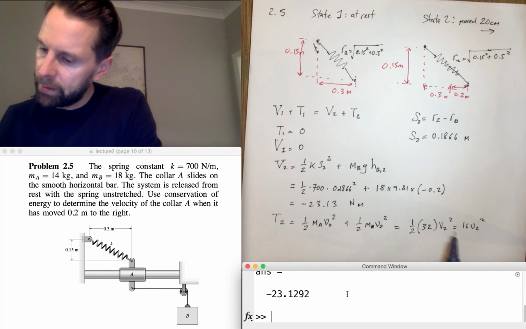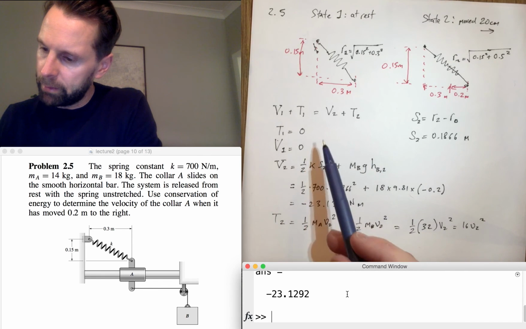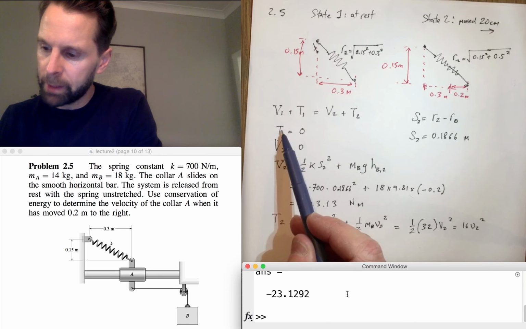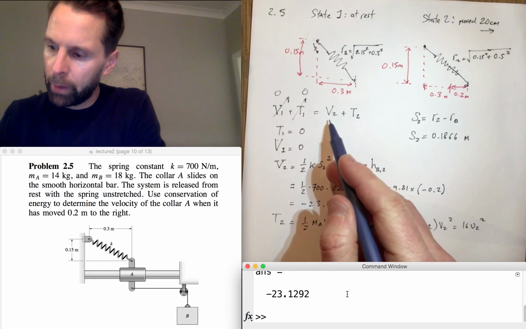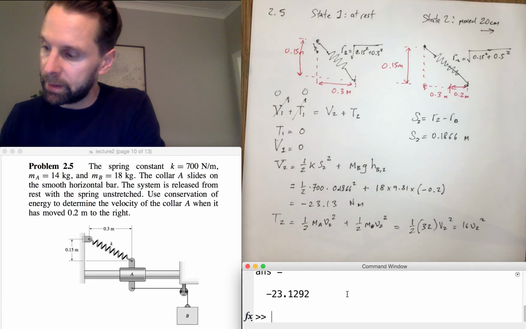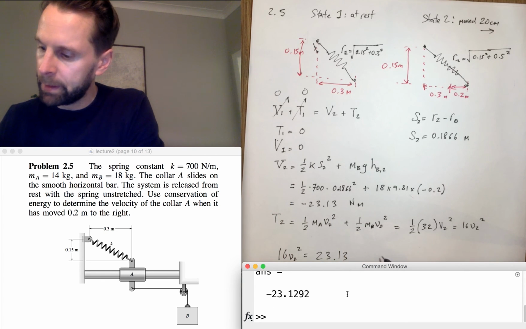And from this equation, we can now substitute in these values. Well, that goes to 0, that goes to 0. And we're going with T2 equals minus V2. So 16 v2 squared is equal to minus V2, so it's equal to 23.13.